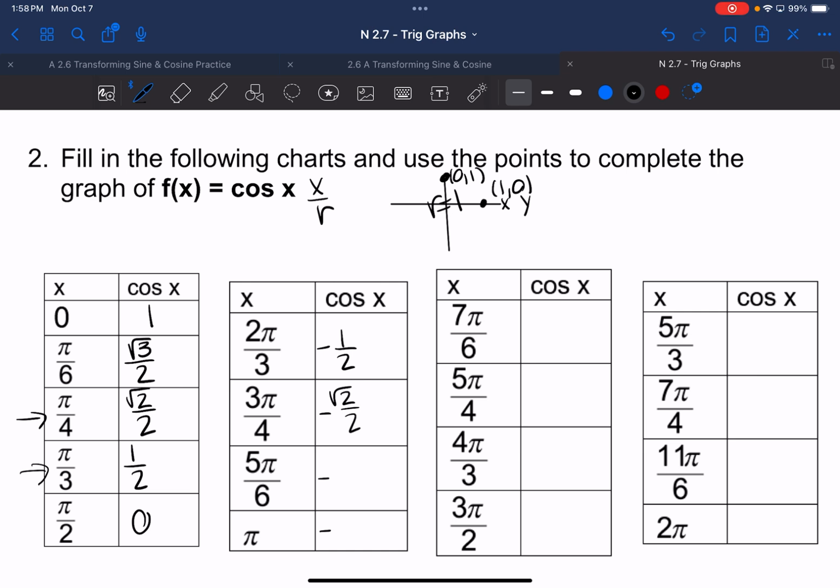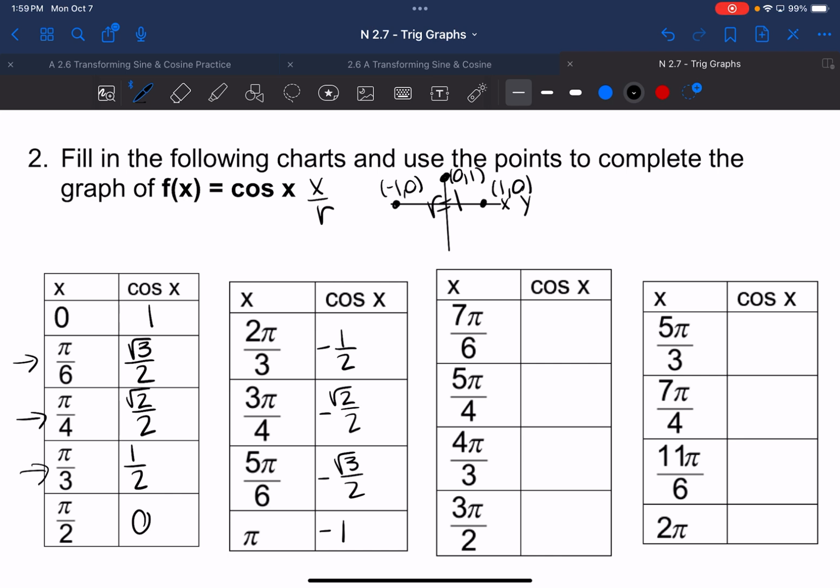Okay. 5 pi 6, that should be the same as this one. Right. And then when I'm at pi over here, this is the coordinate point -1, 0. -1. Good.